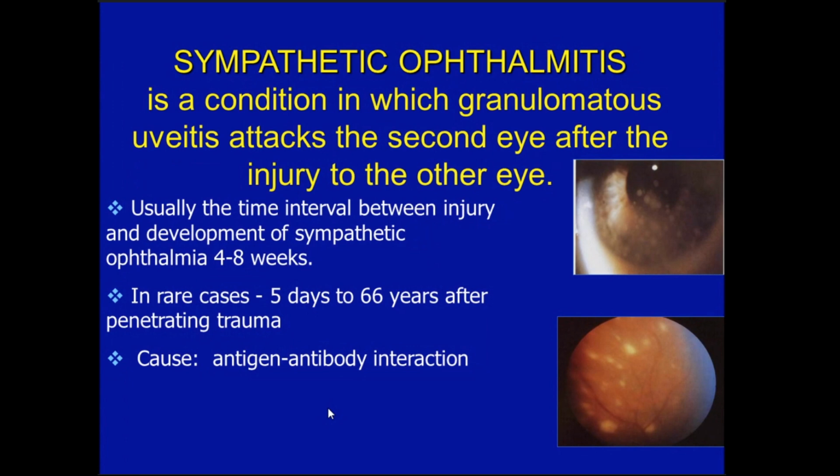Usually, the interval between injury and development of sympathetic ophthalmia is 3-8 weeks. In rare cases, 5 days or even 60 years after penetrating trauma. The cause of this process is antigen-antibody interaction.